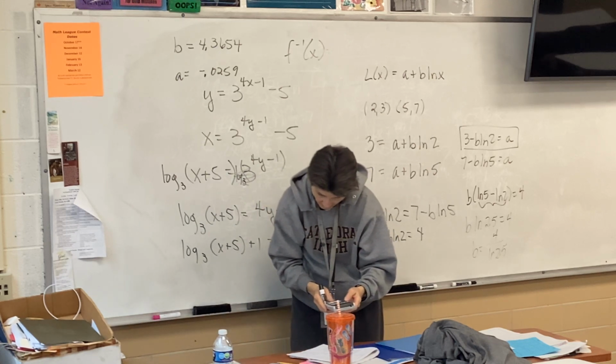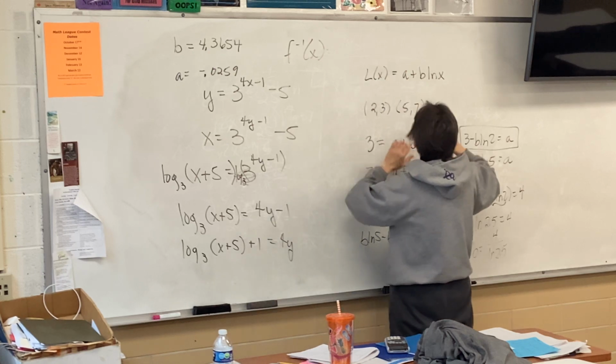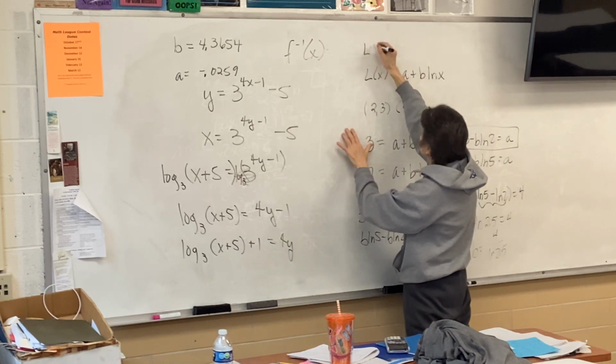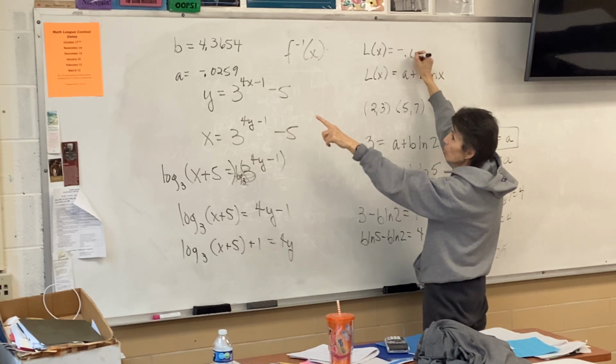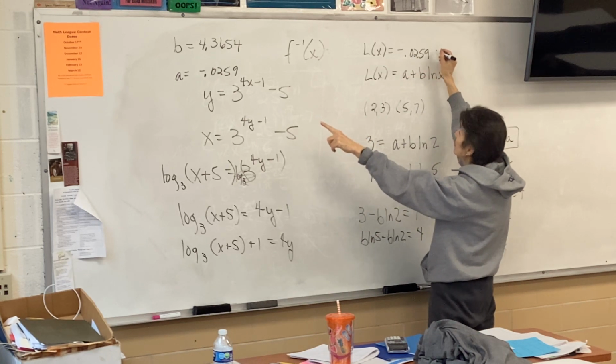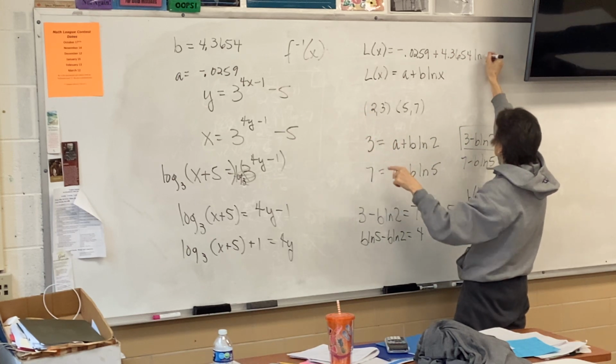So my equation, remember, it was supposed to look like this, so my equation is L of x equals negative 0.0259 plus 4.3654 ln x.